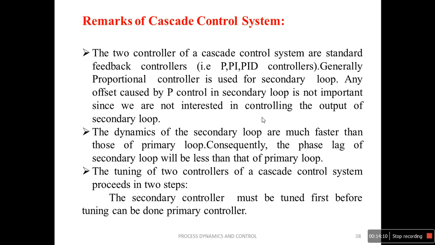And we see some phase lag or delay constraints. For that, the dynamics of the secondary loop must be much faster than those of the primary loop. Why?